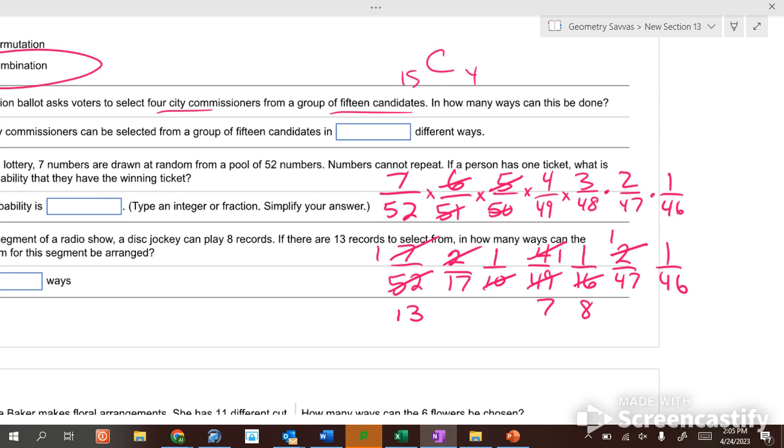And 2 goes into 10, 1 and 5 times. So the whole top row is just 1 times 1 times 1 times 1 times 1 times 1 times 1, right? The bottom row is where we do our multiplying. You take 13 times 17 times 5 times 7 times 8 times 47 times 46. Do that, somebody. It's a big number.